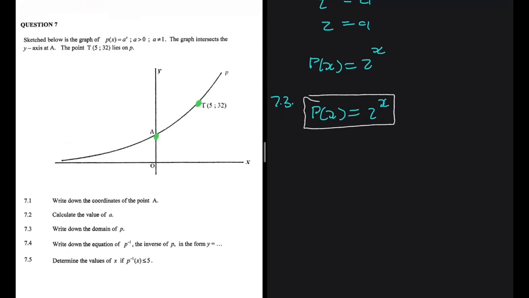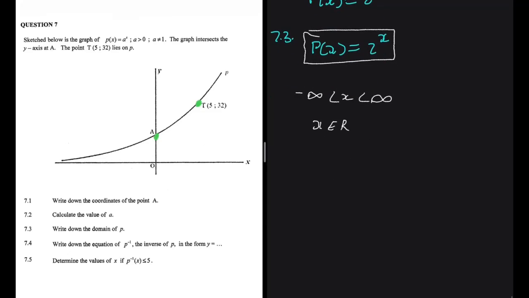So we can say that the domain of our function p runs from minus infinity to positive infinity. It is defined for all values of x, or you can write instead x is an element of the real numbers. But we just want to see that you are aware that this function is defined for all values of x.